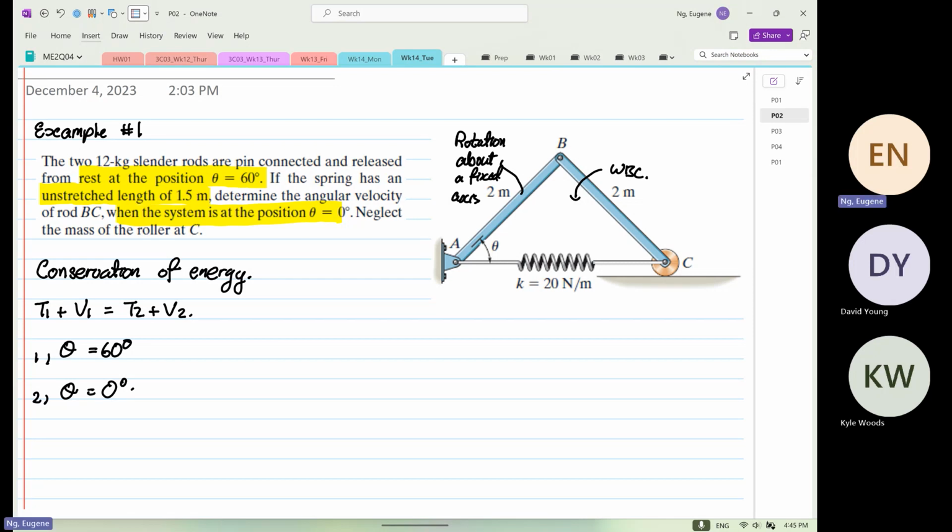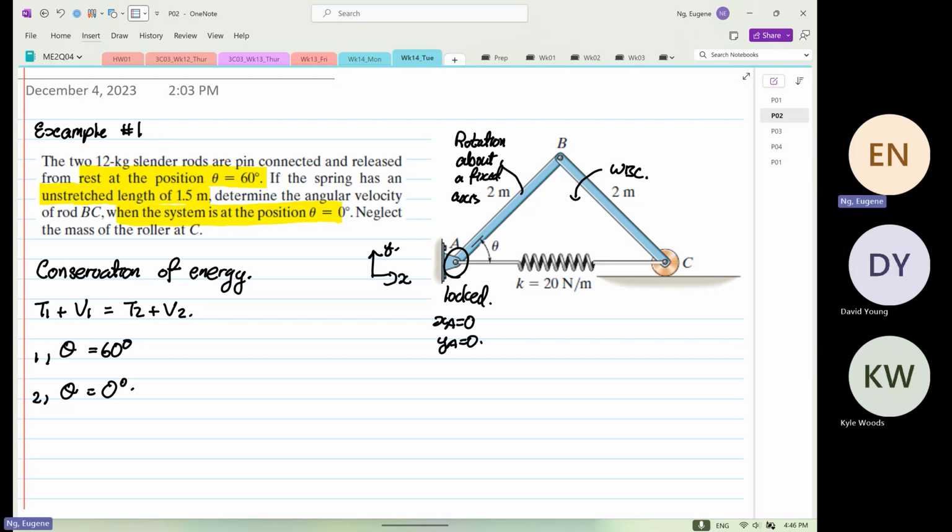So rod AB is fixed at point A. Now BC is more complicated than that, because for rod AB, point A is locked. You don't allow it to have motion in both x and y direction. So at point A, xA is equal to 0, yA is equal to 0.